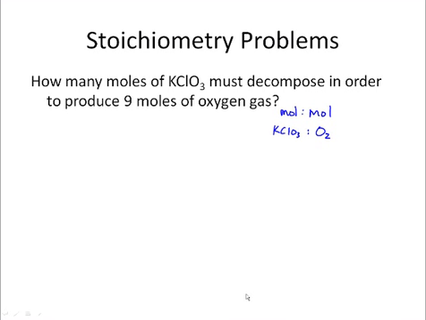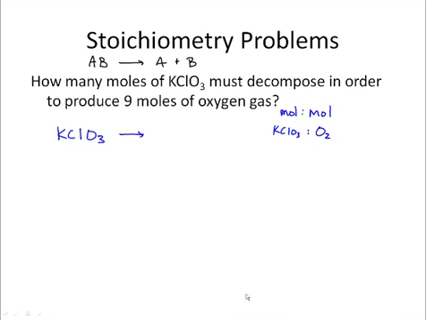So if we look at our question, it tells us that it's a decomposition reaction. If you remember our form for a decomposition reaction, that's AB breaks down into A plus B. So what we know about our equation here is that we start off with KClO3 because it says that's what's decomposing.